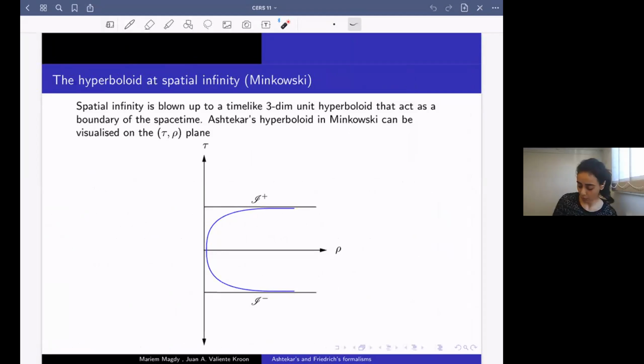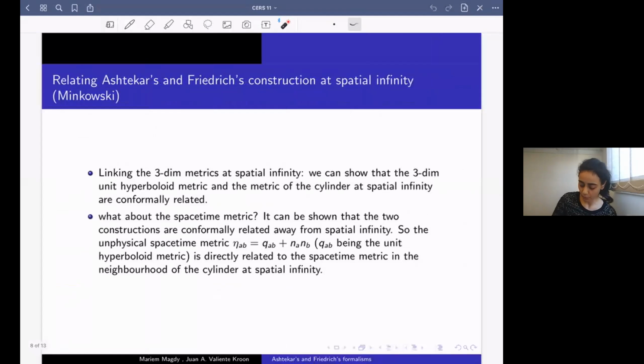So what we do is actually redefine the spacetime metric so that the part that coincides at spatial infinity is just the metric of the cylinder at spatial infinity. So we redefine the space metric and we use Ashtekar's definition in this way. So we redefine the coordinates and the spacetime metric.